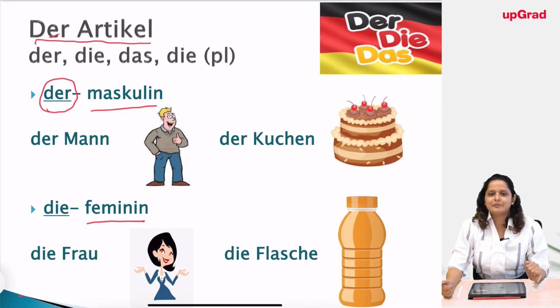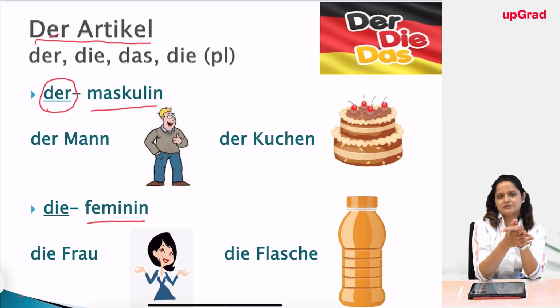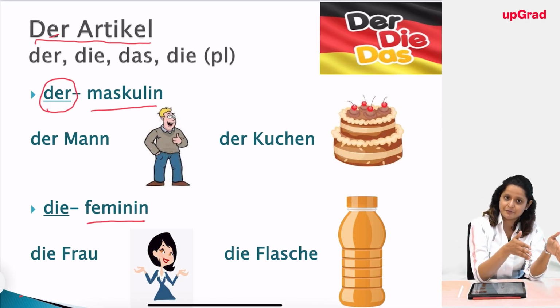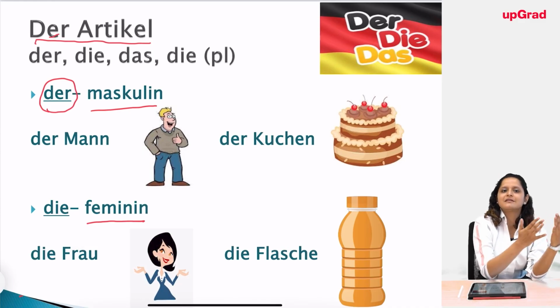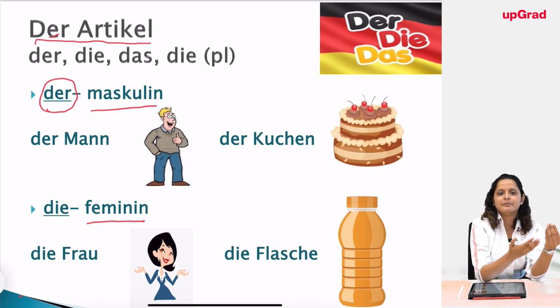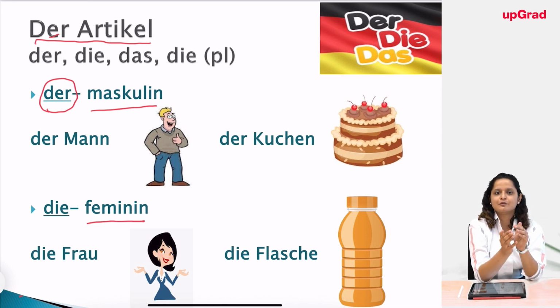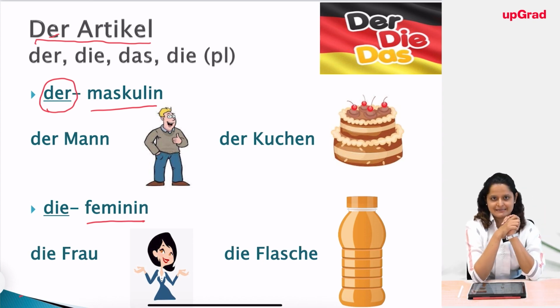Say, for example, father, husband, or brother. It is very easy to understand that these nouns are masculine, as they are always associated with the masculine.